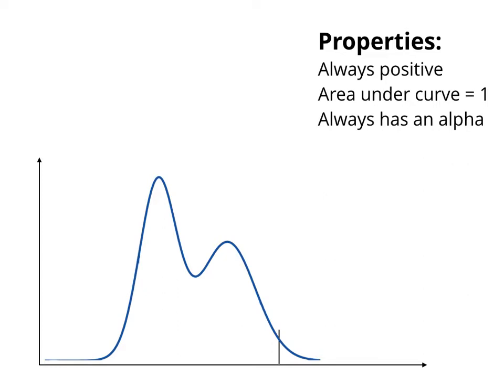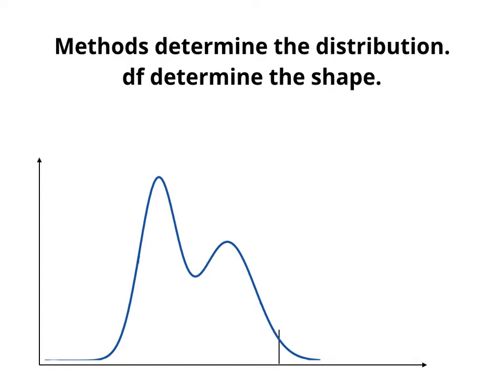So one thing to remember is that the methods of the research and the question we ask determine what kind of distribution we're going to use, and the degrees of freedom determine the shape, right? So no matter what kind of test we use, what kind of distributions come our way in the future, it's always the same thing. We're always going to be able to pick an alpha.